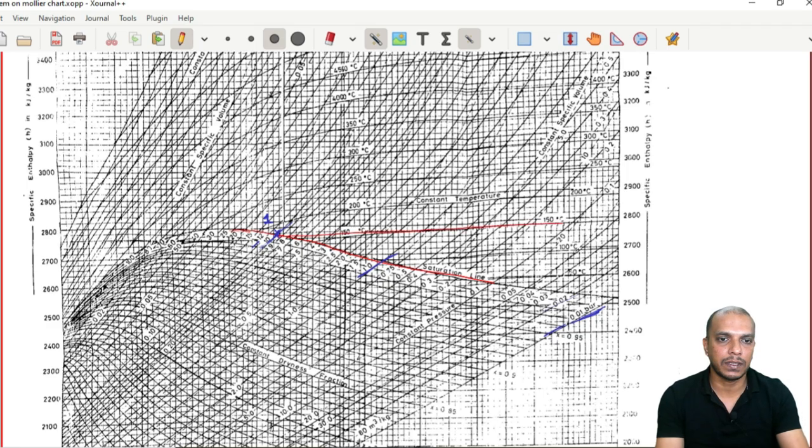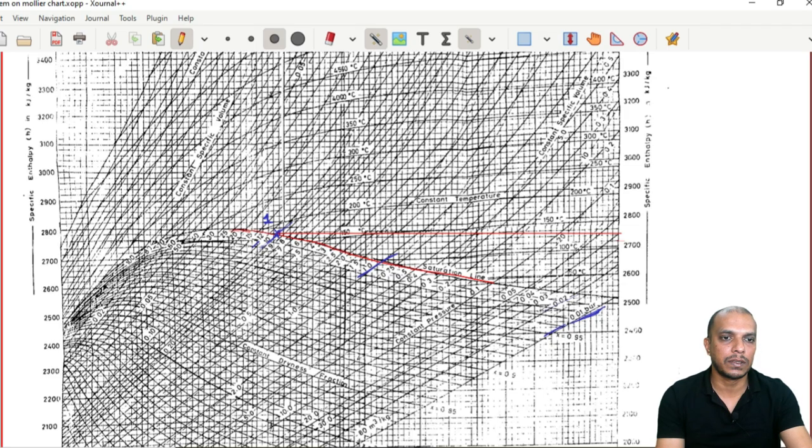So, I will draw a straight line from here, which will give me a value close to 2700, between 2700 and 2800.